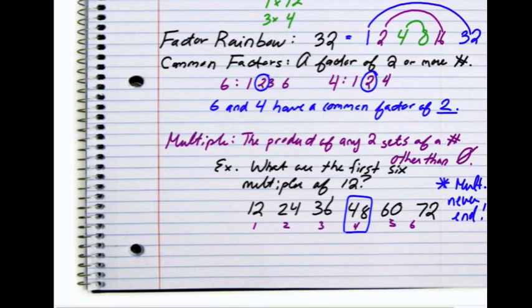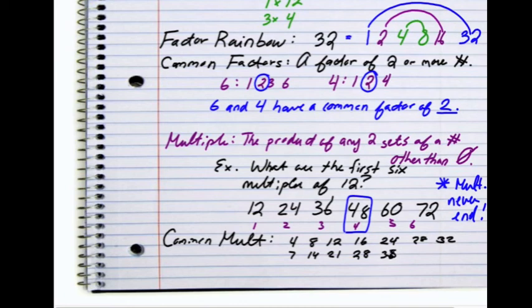You can also have common multiples, just like you can have common factors. So for example, if I want to know what is the first common multiple between the numbers 4 and 7, I would list the multiples of 4: 4, 8, 12, 16, 20, 24, 28, 32, and then I would list the multiples of 7: 7, 14, 21, 28, 35.